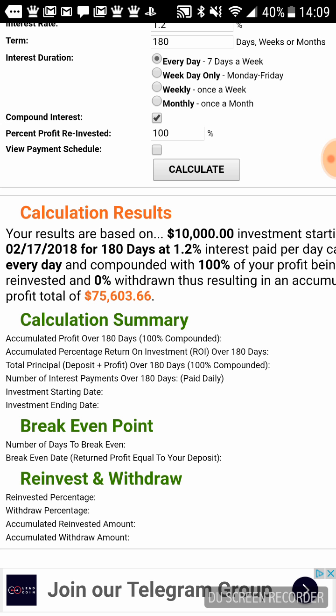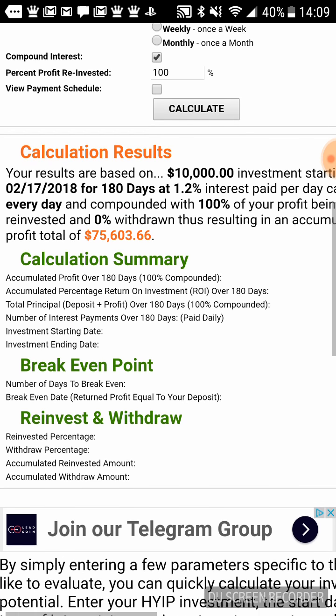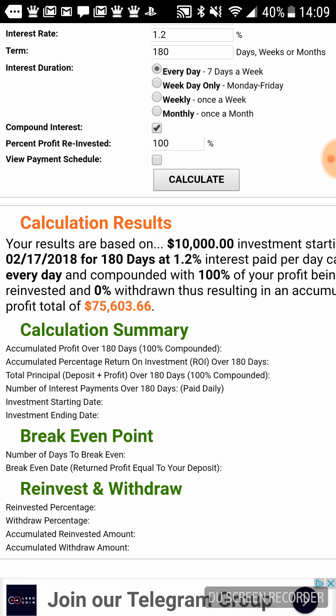But the point is, on day 180, you might get the capital release of $10,000. And then you've got 180 loans for $120 each. That's the way it works on most platforms.